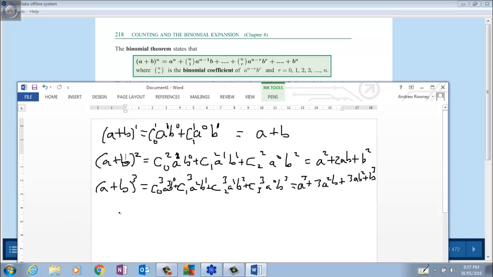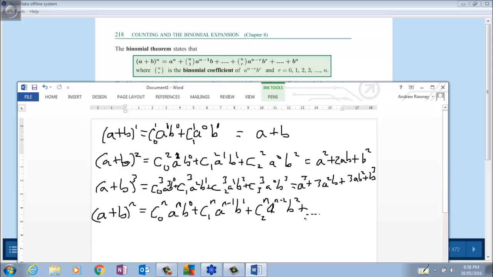And in general, if we keep doing that process, you can say that (a plus b) to the n is equal to, now you're going to start off with C0n, a to the n, and b to the 0, plus, then will be C1n, and then a to the n take 1, and then the b starts going up to 1, and then C2n, and then a to the n take 2, b to the 2, and then we can go plus dot dot dot.